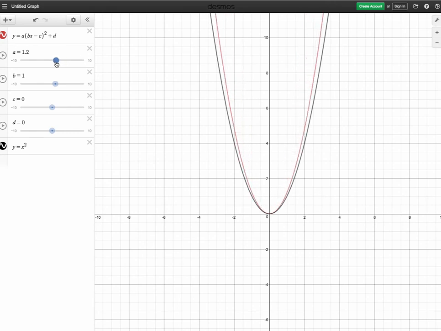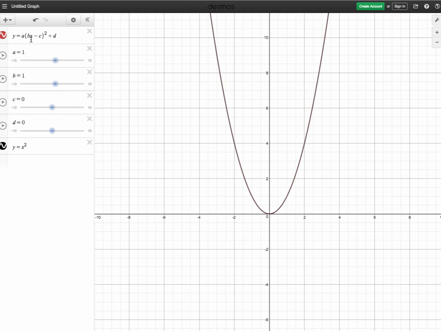Let me take it back. What happens when A is between 0 and 1? You're going to get this vertical shrink. Now, when I take A and make it negative, there I get my vertical reflection, and vertical reflections are always across the x-axis. So let me take this back to 1.